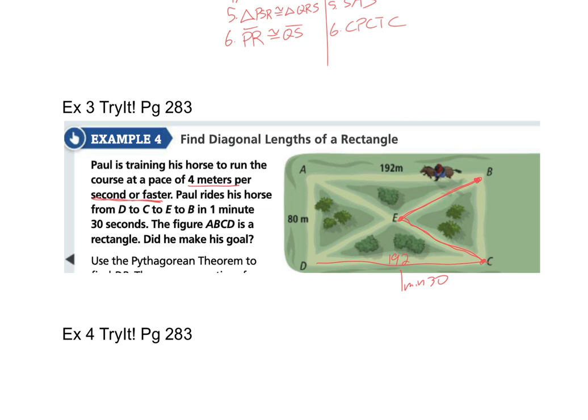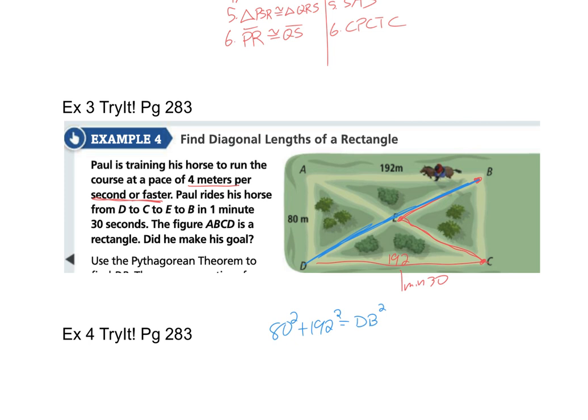So it would be the same as if instead of going E to B, he went E to A. Now, it takes a little bit to turn probably, but that's the length. And so we're going to find the length of one diagonal by using the Pythagorean theorem. 80 squared plus 192 squared equals DB squared.